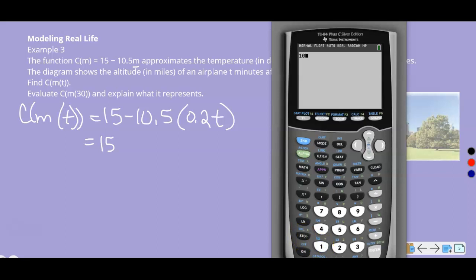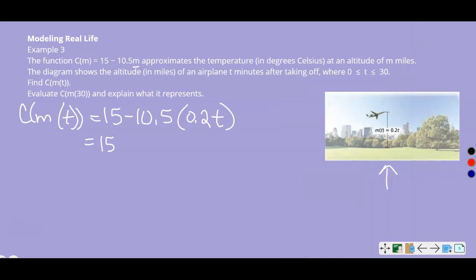I'm just going to do 10.5, I know it's going to be negative, times 0.2. And that's going to give me 2.1. Okay, and again, don't forget it's a negative, so negative 2.1t. So that's going to be the expression that represents c of m of t.